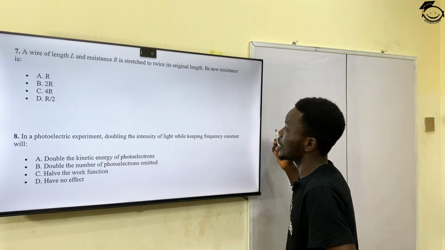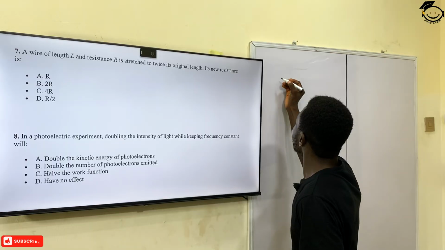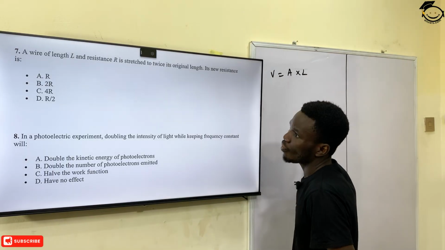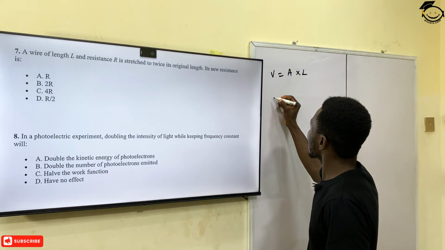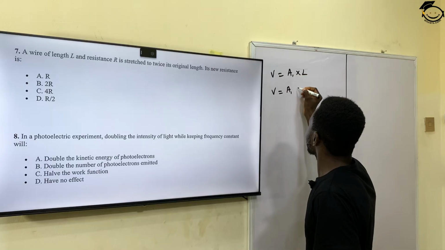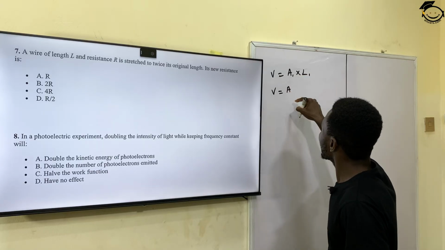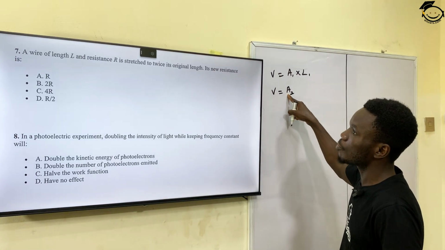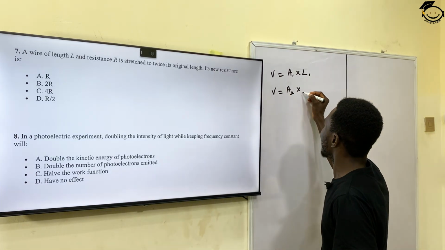So how do we find the area? We know that volume is equal to area times length. So if the volume is constant, when the area changes, let's call this one A1 and this L1. If I have the wire stretched, I have a new area which is A2 times its new length.